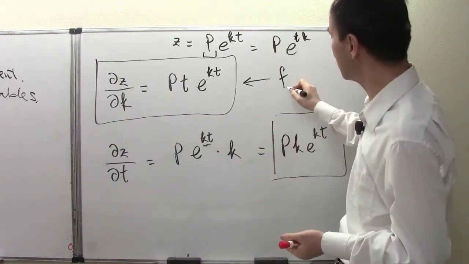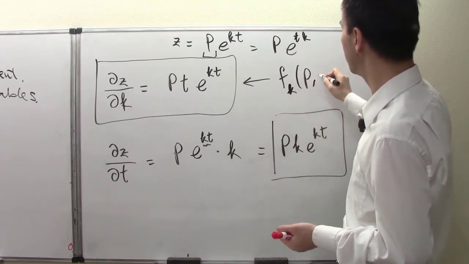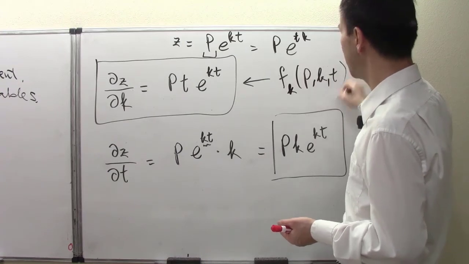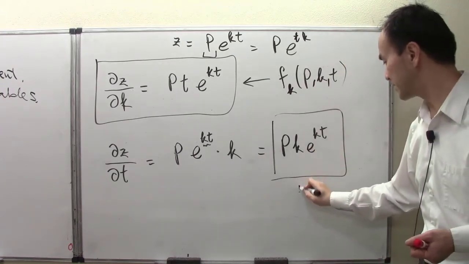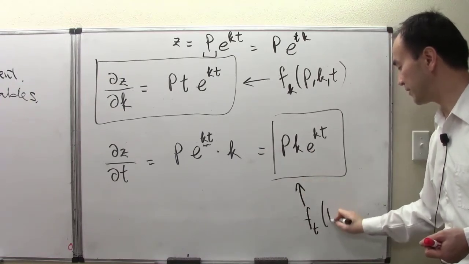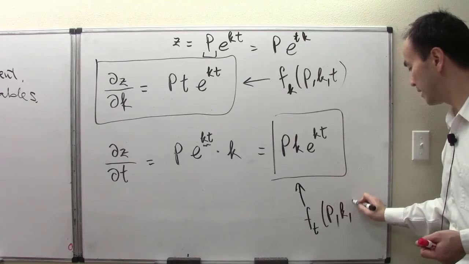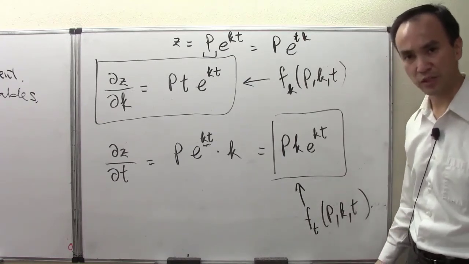So now it's going to be f with a subscript k here, of the variables p, k, and t. All right, and then this bottom one right here is understood as f with a subscript t right here of the variables p, k, and t. That's how we're doing it.